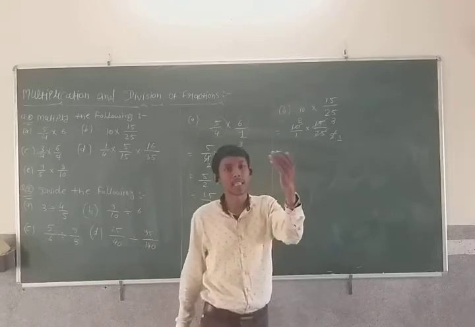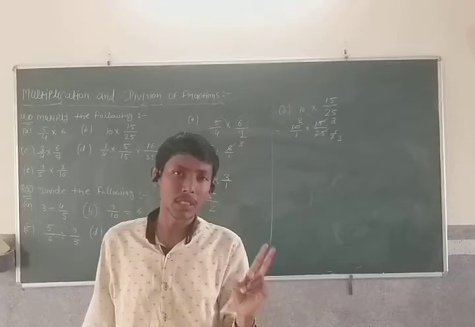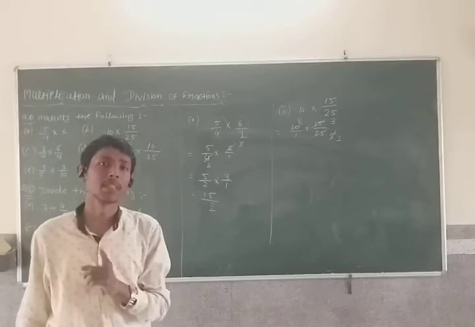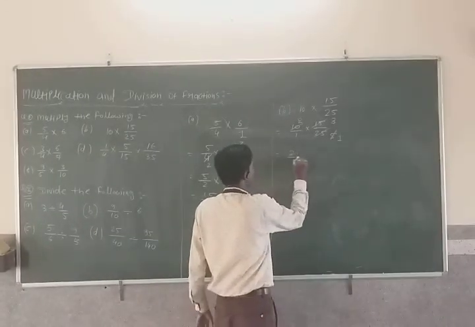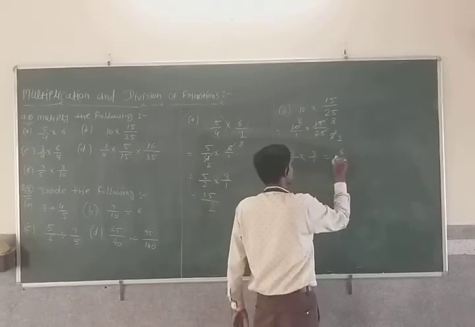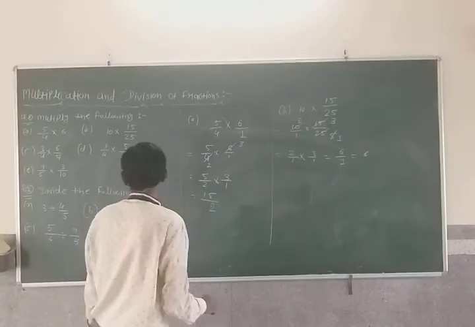We can simplify denominator and numerator only. And the second thing, both numbers should be divisible by the same number. So finally I will get 2 upon 1 multiplied by 3 upon 1. That will be 2 3s are 6 upon 1, and 6 upon 1 can be written as 6.